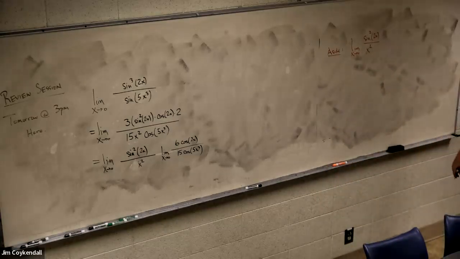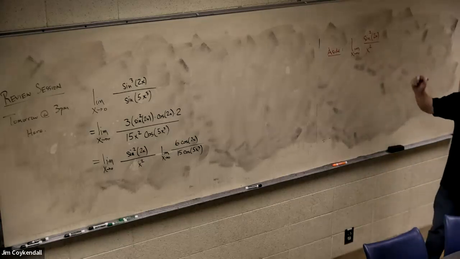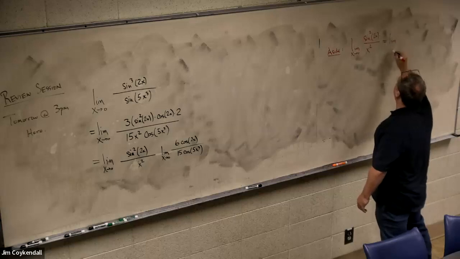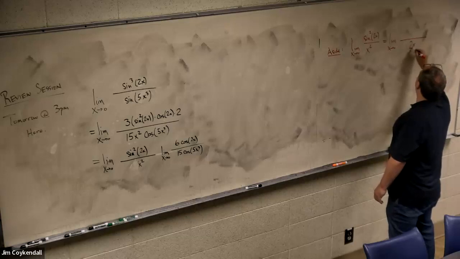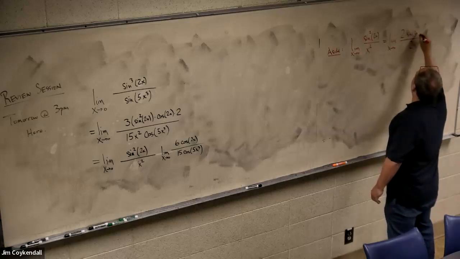Let's just figure this one out separately. Everybody with me? 0 over 0. I mean, that's how we picked this thing in the first place. Let's do L'Hopital's rule. Derivative of the top gives 2 sine 2x, with x at the bottom.